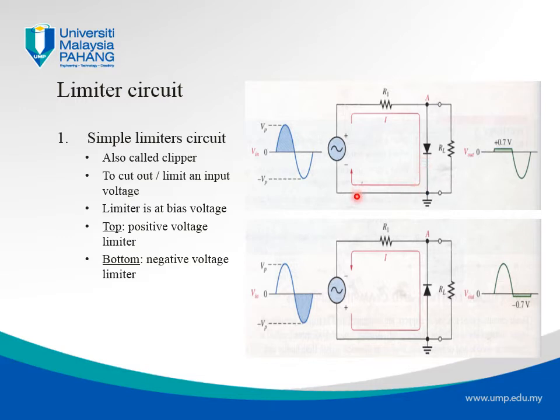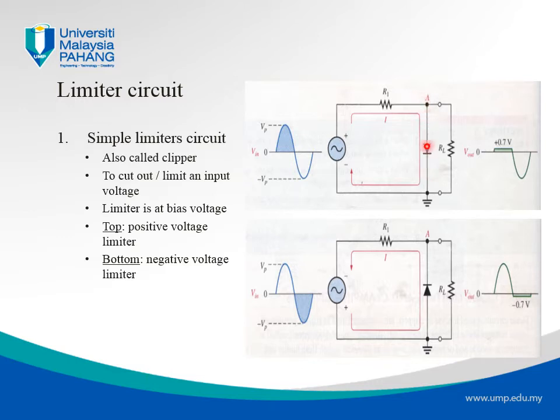When it conducts current, what does it mean? When the current arrives at node A, the current has two choices: either go into the diode or go into the load resistance. If the diode is in forward bias, the resistance is very, very low, so all the current will go through the diode. The diode becomes a short circuit, a closed circuit.